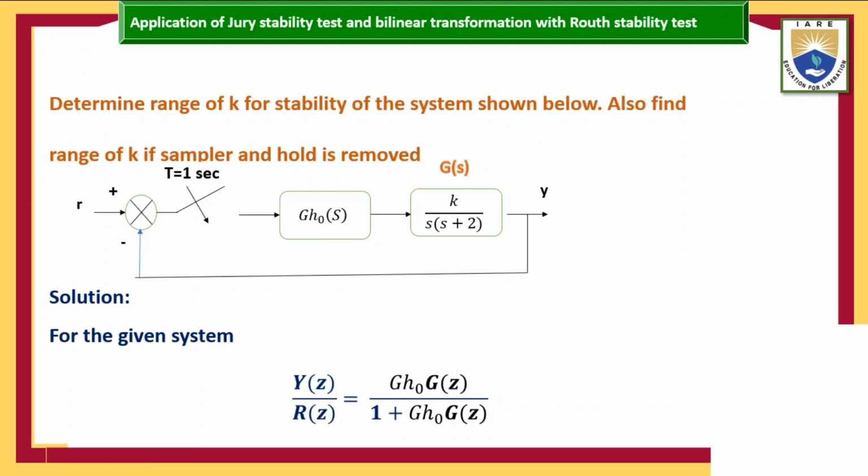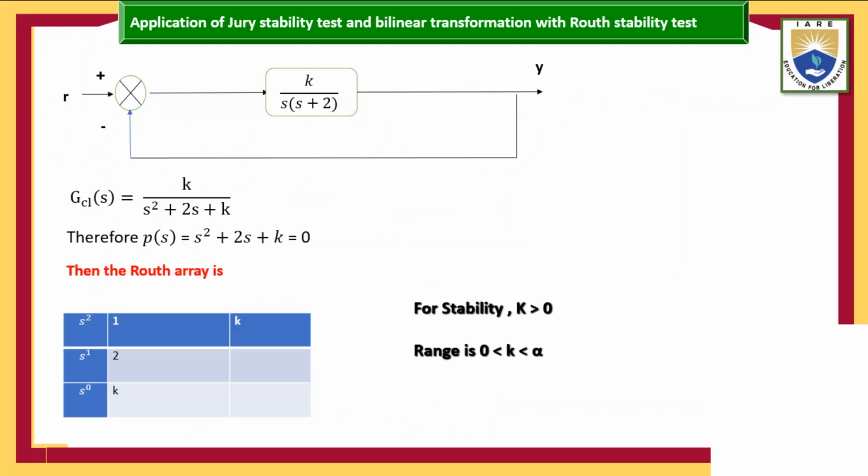But from the application point of view, I am taking the function without the pulse function and without the zero order hold device. That is a normal closed loop control system. I am taking a normal closed loop control system with unity feedback.